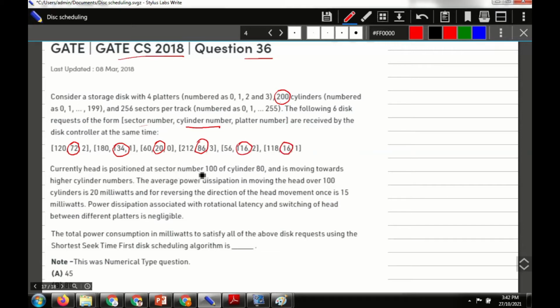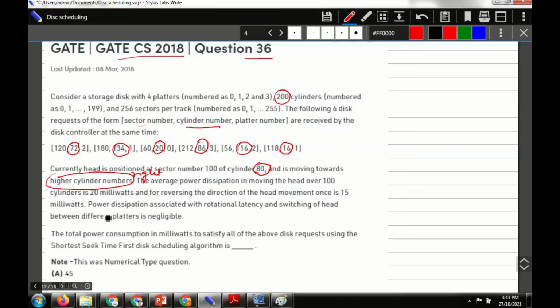Currently the head is positioned at sector number 100 and cylinder number 80 and is moving towards higher cylinder numbers, or in the right direction. The average power dissipation in moving 100 cylinders is 20 milliwatts, and reversing the direction of the head movement once is 15 milliwatts.